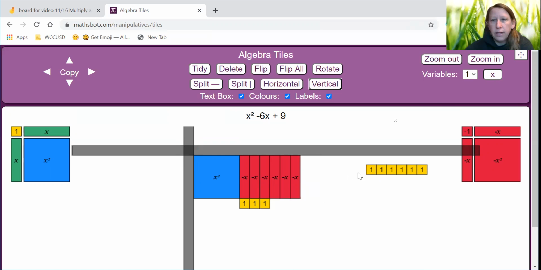And you can see I could move them all next to it. We have to rearrange this, excuse me, into a rectangle. That's not going to work. I'm not supposed to put them here. This area is sort of reserved for the x's.